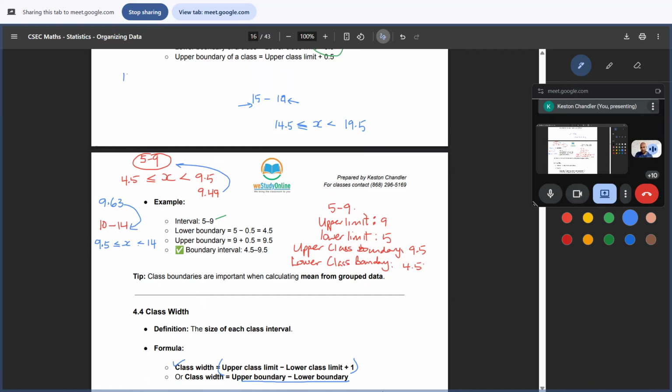Now, I just want to make a little observation here. When we say we close any gaps between each of the points, this is what I mean. Look at this. In the class 20 to 24, the lower boundary is the same 19.5.